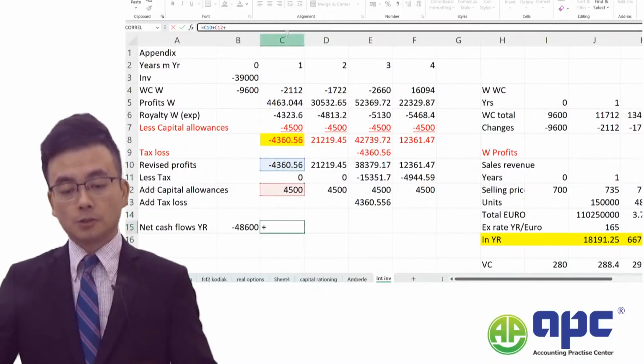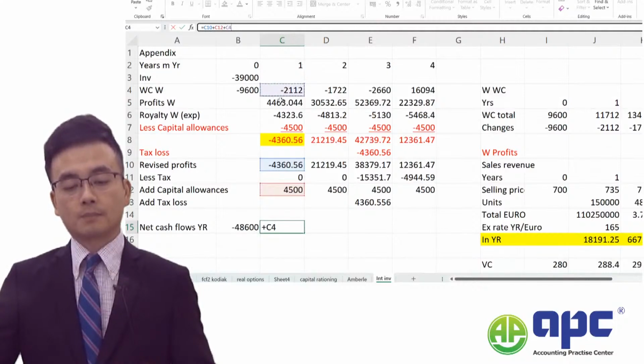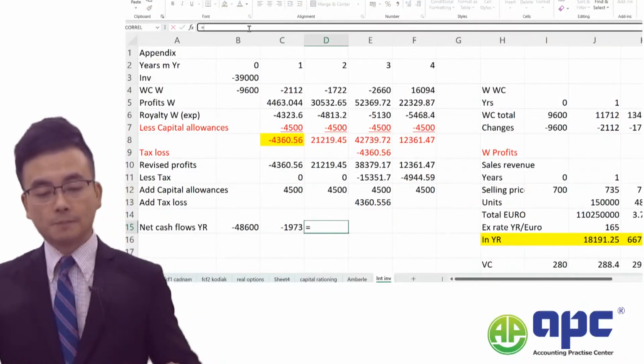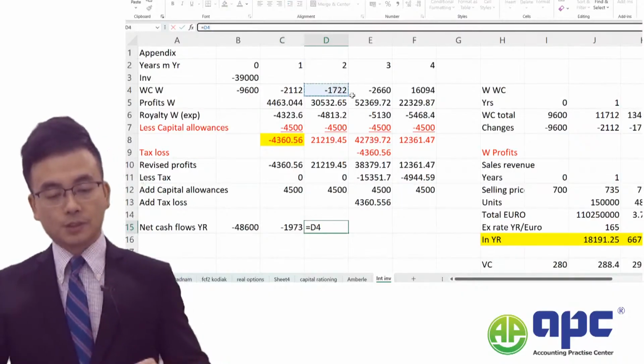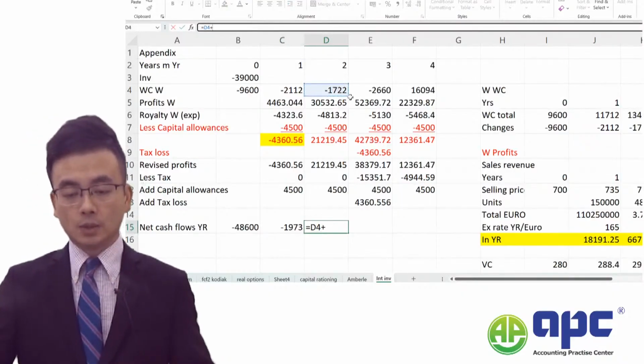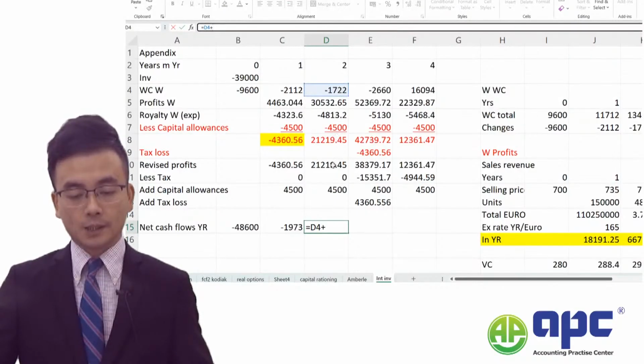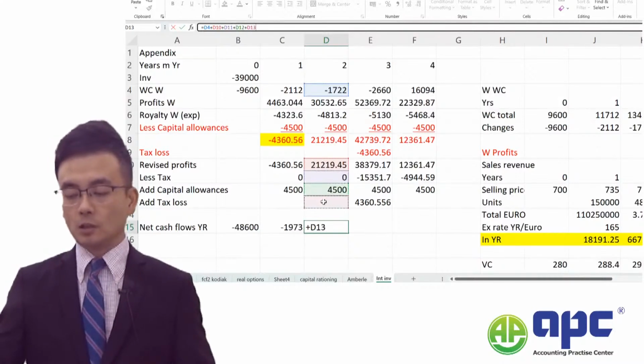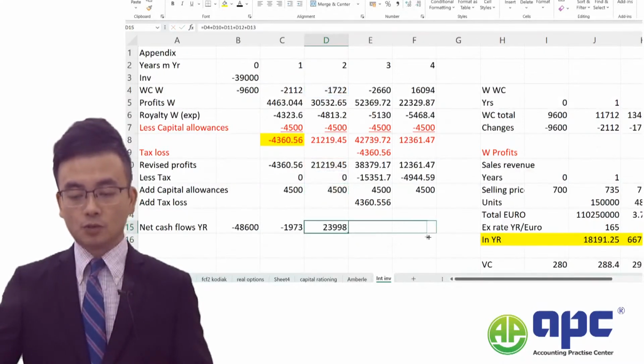Then we also need to consider the working capital, adding that. So that will be this one. Now how about in the second year? It will be the same here. We start with the working capital at the very beginning, and then we adjust the revised profit here. Then we deduct no taxes, then add back the capital allowances. Of course, add back the tax loss, but we've made nothing there, so drag it here.